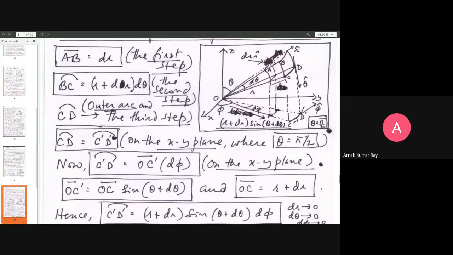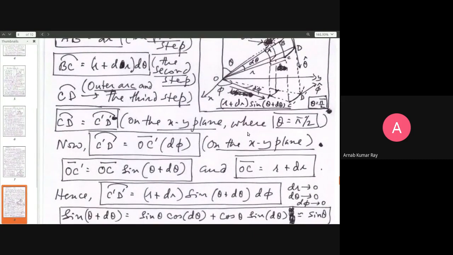Now what is C prime D prime? Arc length C prime D prime is OC prime line segment. Line segment, straight line here means line segment. OC prime into angular displacement d phi on the xy plane. So OC prime, now let's see.